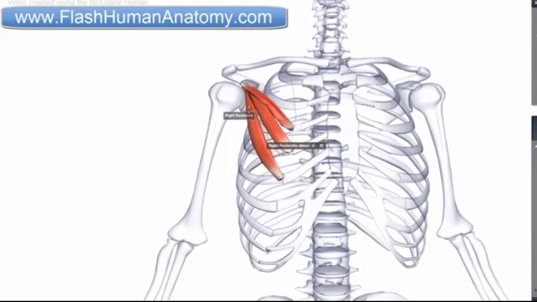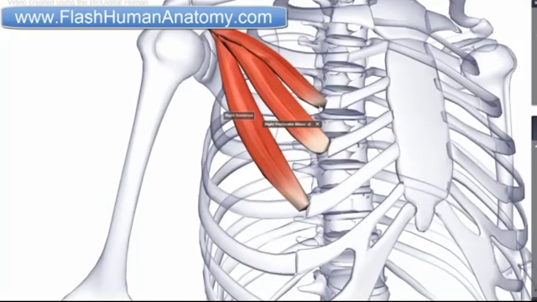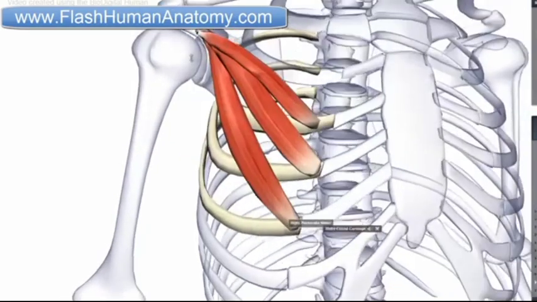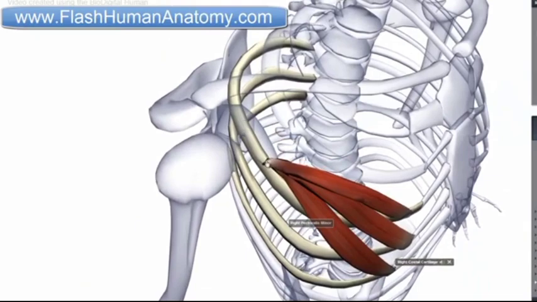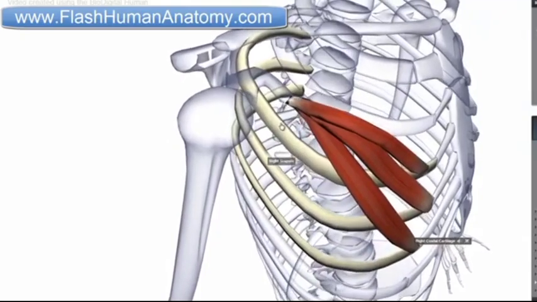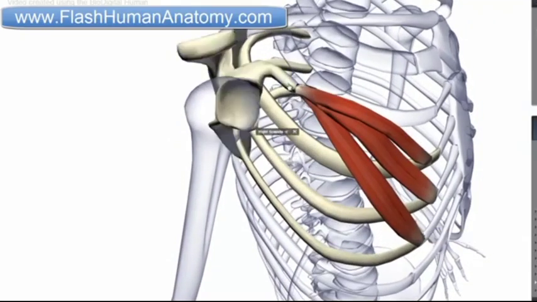The origin of this muscle is right here on the ribs, and actually the 3rd, 4th, and 5th rib, right close to their cartilages. The place where it attaches is here, the medial border and the superior surface of the coracoid process of the scapula.